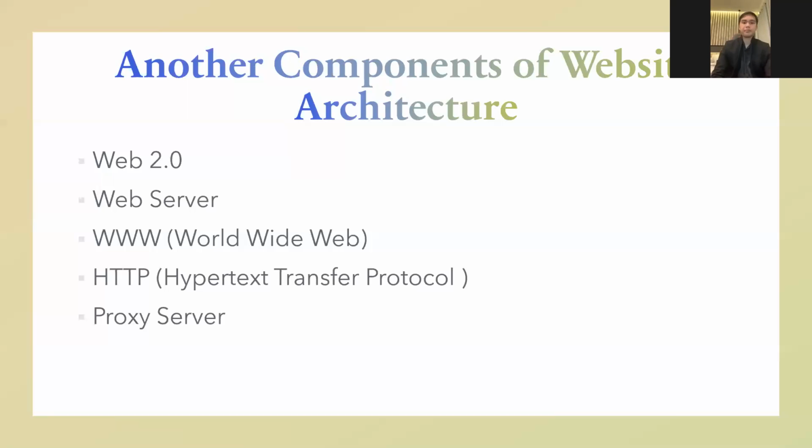Okay, so the next one we have WWW or World Wide Web. What is the World Wide Web? It is a collection of websites containing multimedia such as video, photos, or maybe texts, which is wrapped inside the WWW. The next one we have HTTP, Hypertext Transfer Protocol.